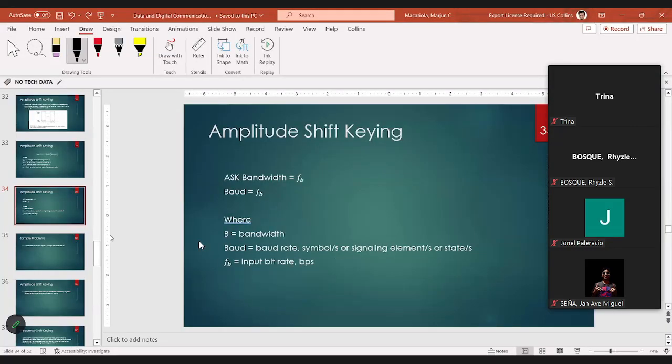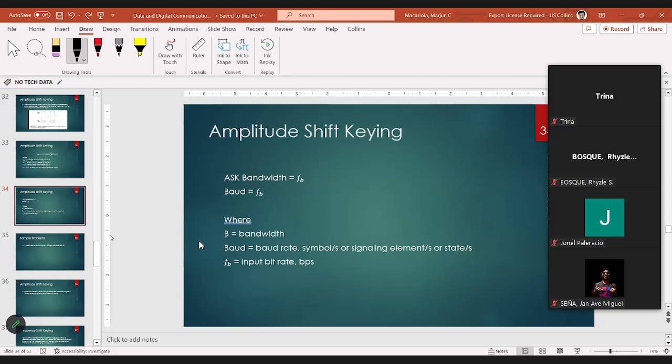Ayun. So amplitude shift keying. Okay? So in amplitude shift keying, again, as what I've mentioned a while ago, we're dealing with bandwidth and the baud rate. Okay? So to be able to find the ASK bandwidth, you need to find the input bit rate. Okay? So if you are asked, what is the bandwidth of an ASK transmission given an input bit rate of 25 kilobit per second, so that is also equal to the bandwidth.